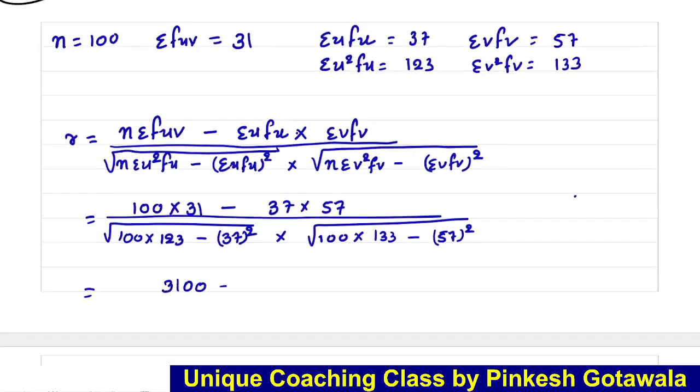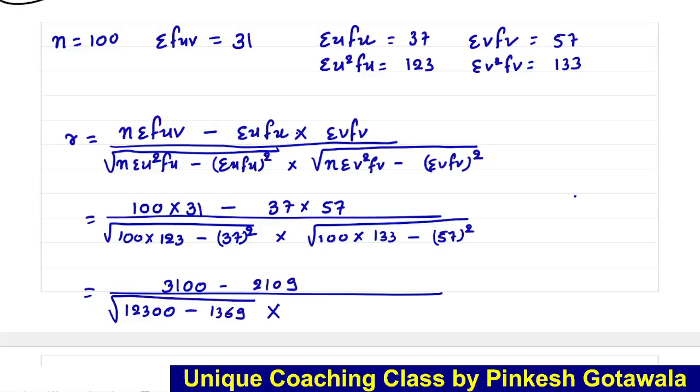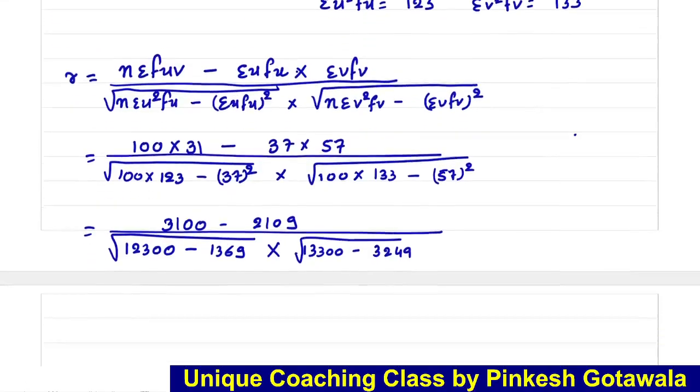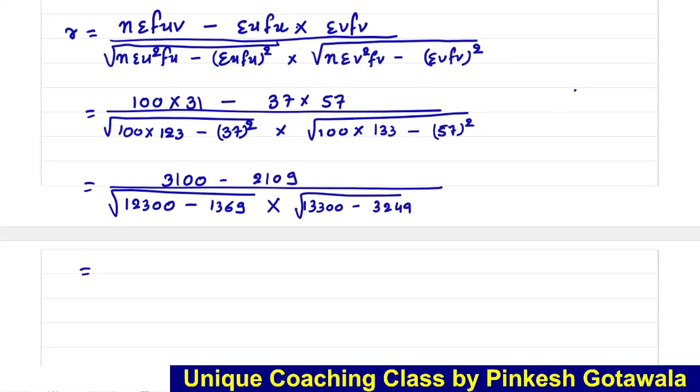So 3100, 37 into 57, 2109. 12300, 37 square, 1369. 13300, 57 square, 3249. 3100 minus 2109, 991.